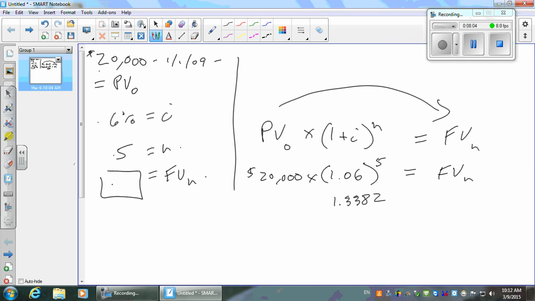If you invest $1 at 6% interest, compounded for 5 periods, it will turn into what? $1.34. What's the present value of $1.34 discounted for 5 periods at 6%? It's $1. You just go in the opposite direction, right?